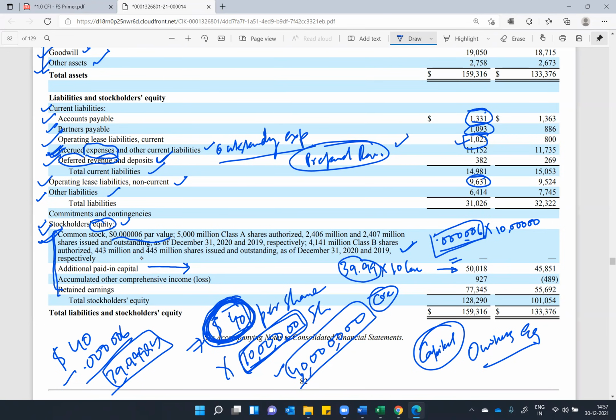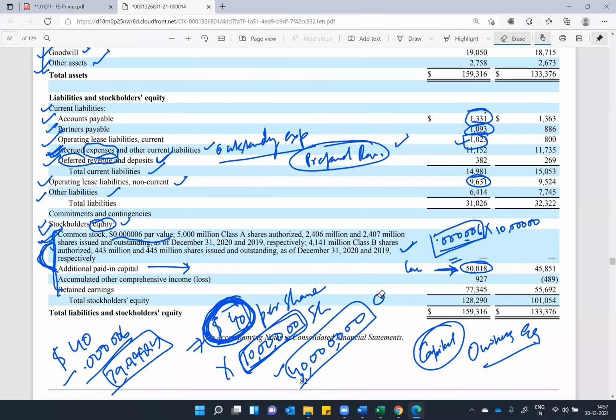The remaining 39.99 you have taken as additional paid in capital, as a premium from each and every investor, right? So this is how you split the total equity into two parts.